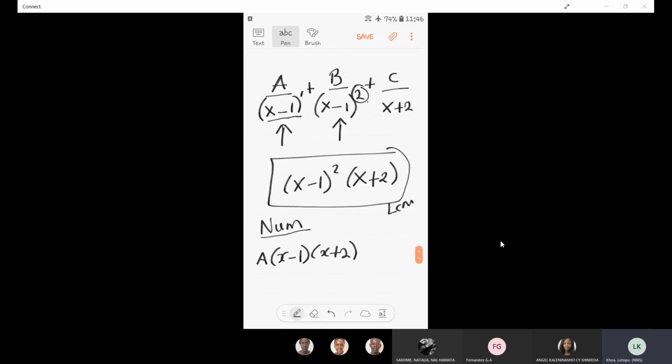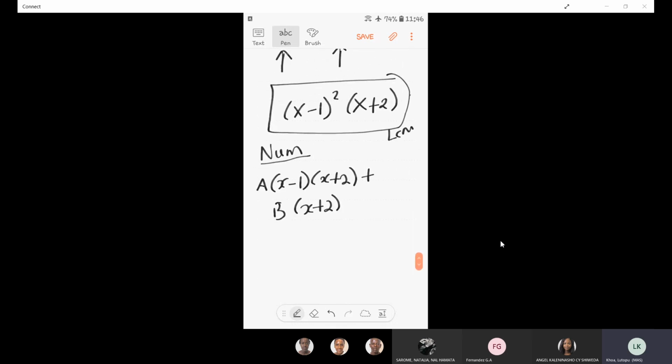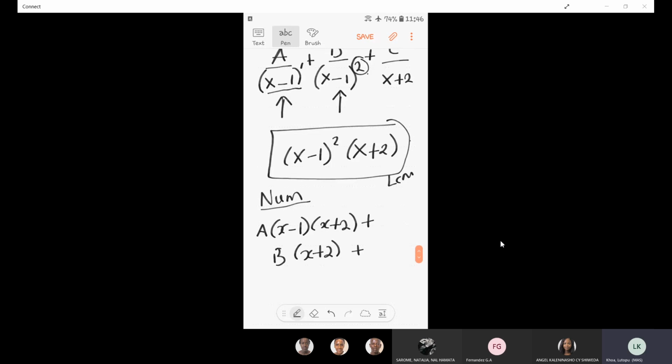Okay, then it looks exactly like the one I have over here. Then B is missing just x plus 2, and C is missing x minus 1 squared.